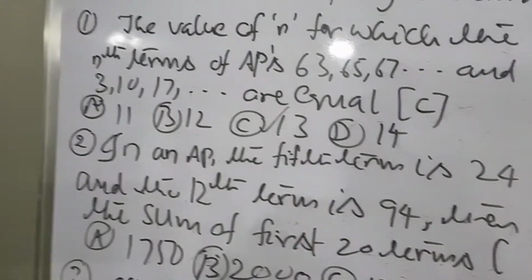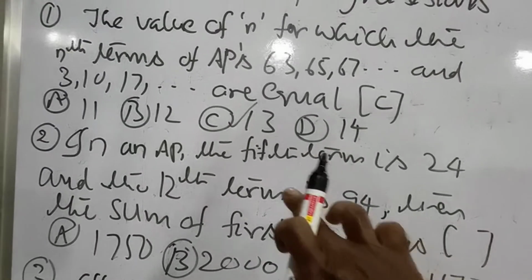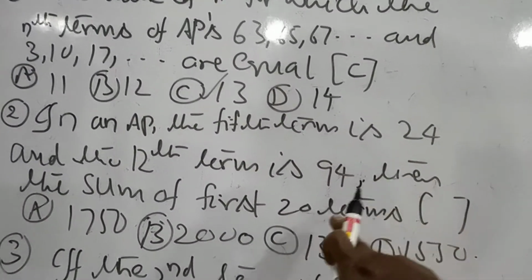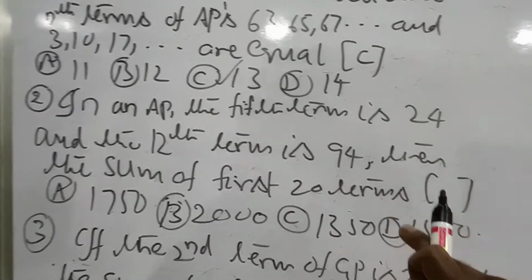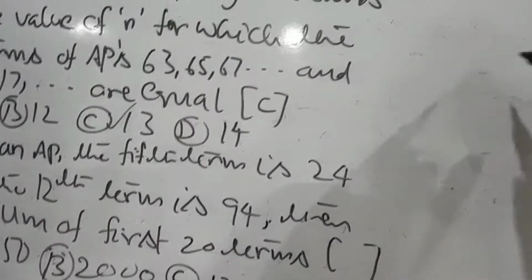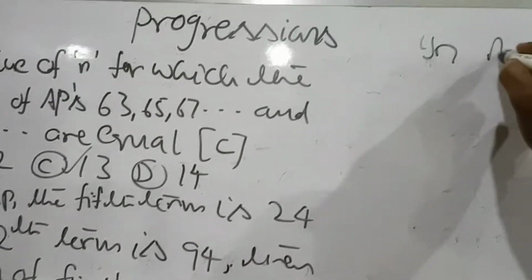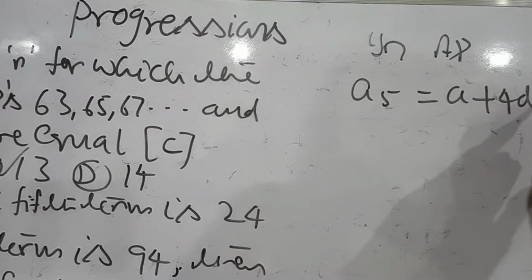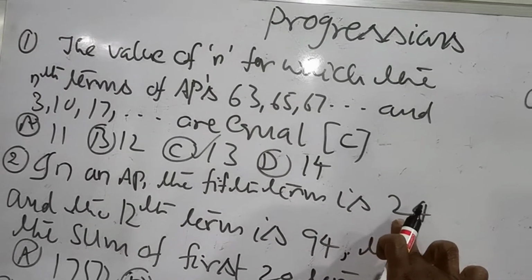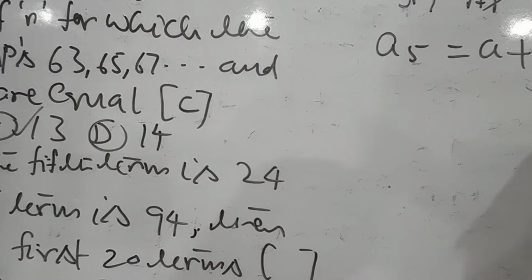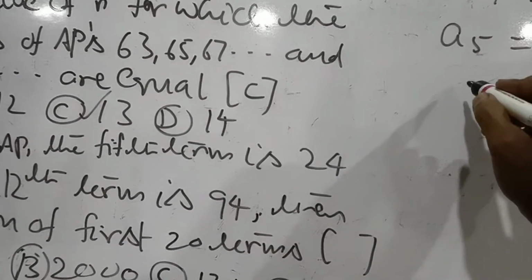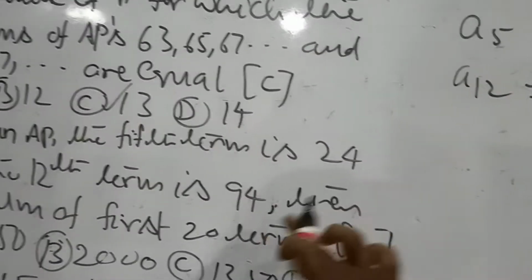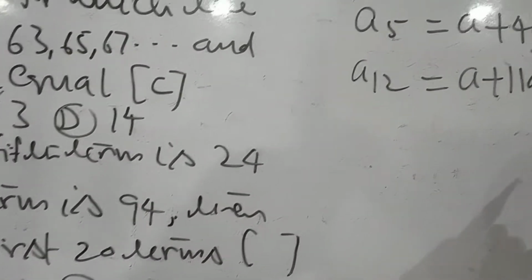In an AP, the fifth term is 24 and the 12th term is 94. Find the sum of the first 20 terms. In an AP, fifth term a5 is equal to a plus 4d, which is given to be equal to 24. a plus 4d is equal to 24. 12th term a12 is equal to a plus 11d, which is given to be equal to 94.